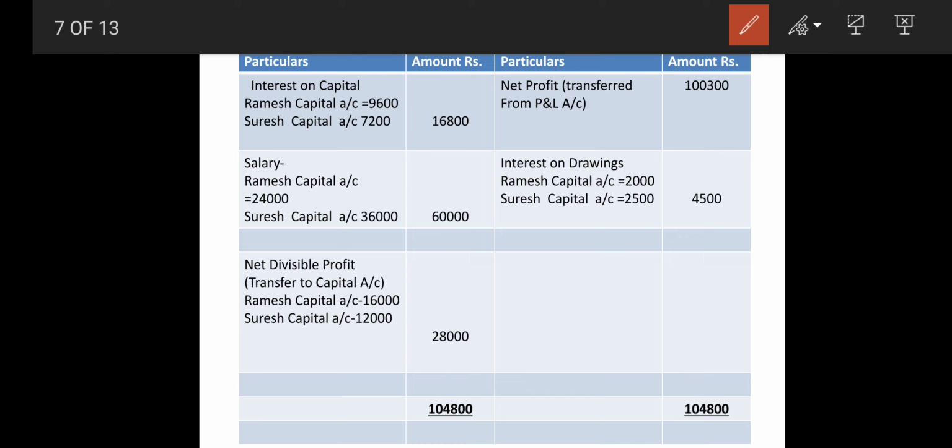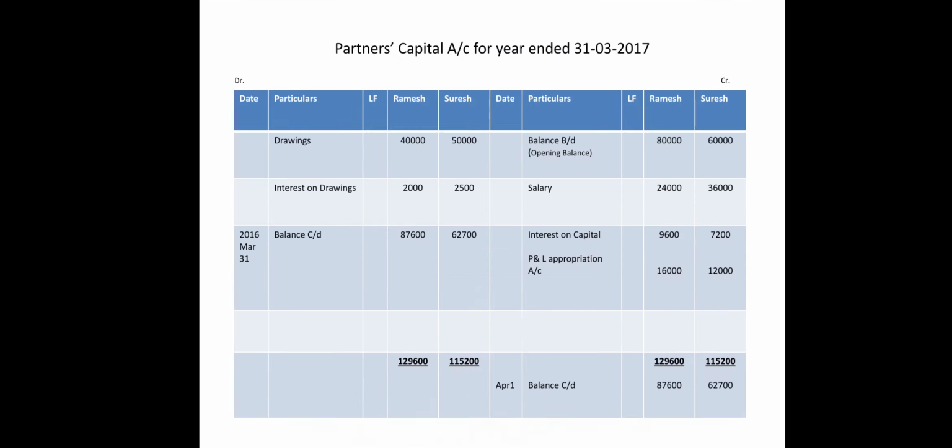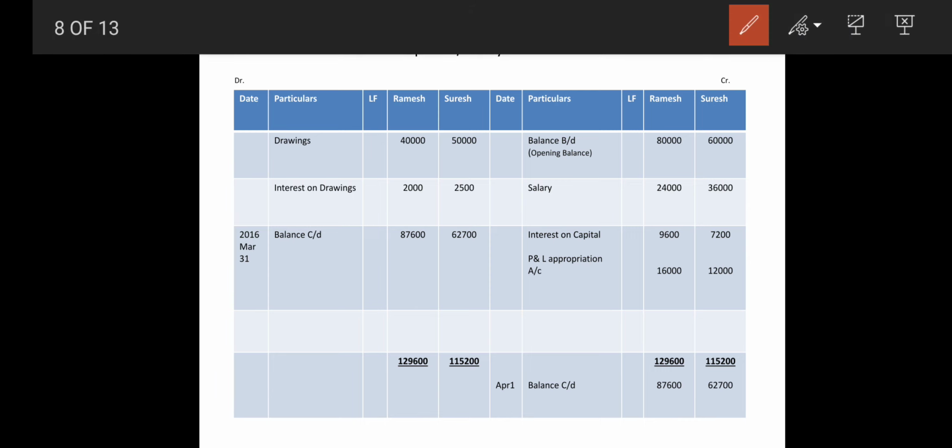So salary of Ramesh is 24,000 because it is per month: 2,000 into 12 gives you 24,000, and Suresh is 3,000 per month, so 3,000 into 12 is 36,000. The same is to be transferred to the credit side, that is salary 24,000 and 36,000 respectively.